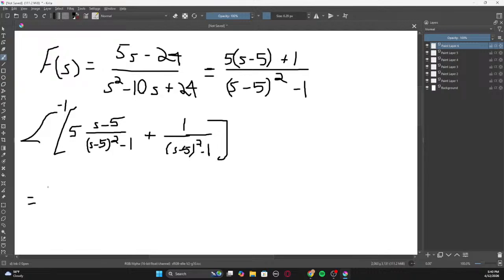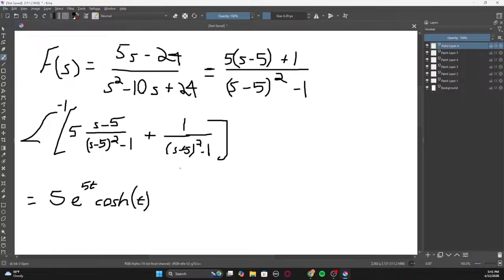This is equal to 5e to the 5t multiplied by whatever the normal inverse Laplace transformation would be if instead of s minus 5 it was s, which is s over s squared minus 1 squared, which would be cosine. So it'd be the hyperbolic cosine function of t.